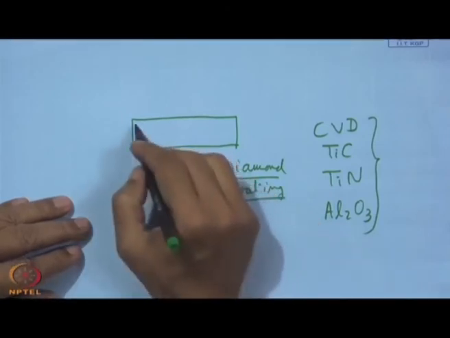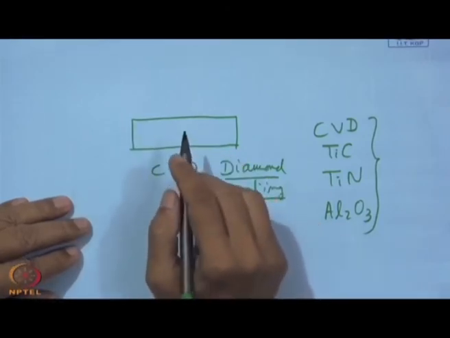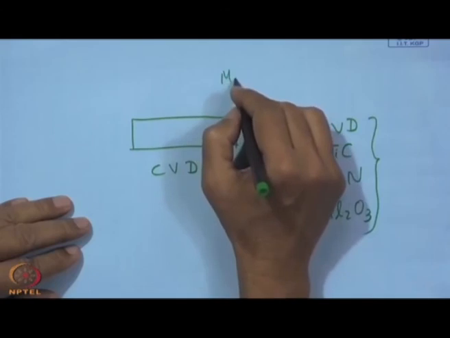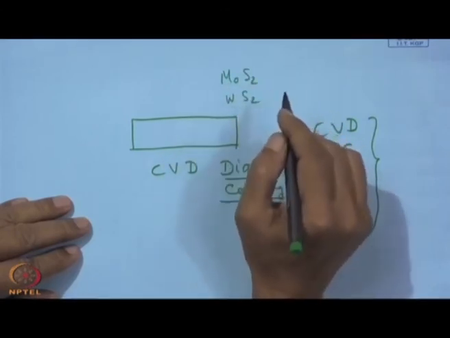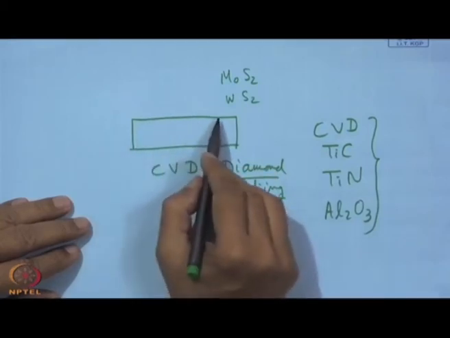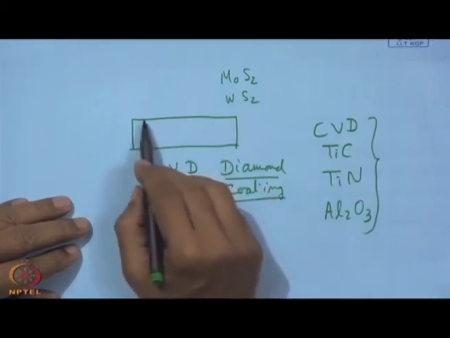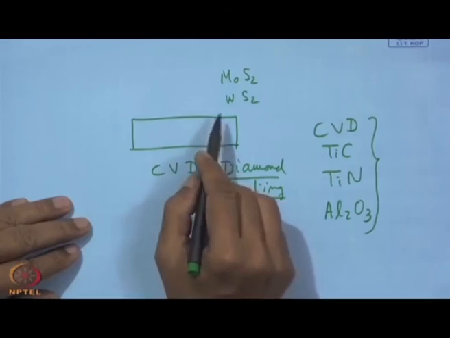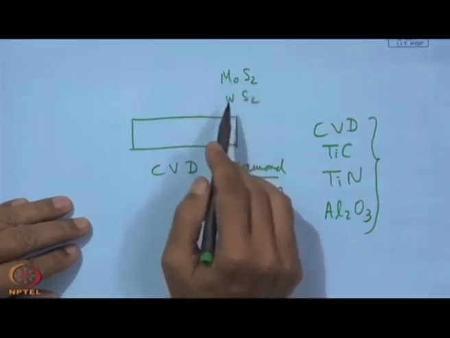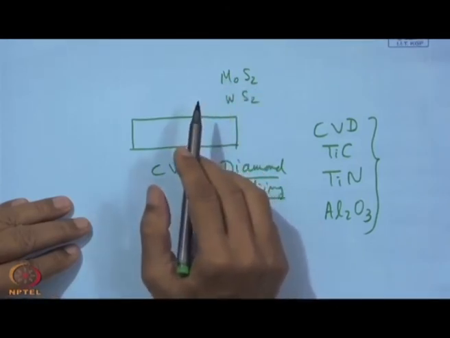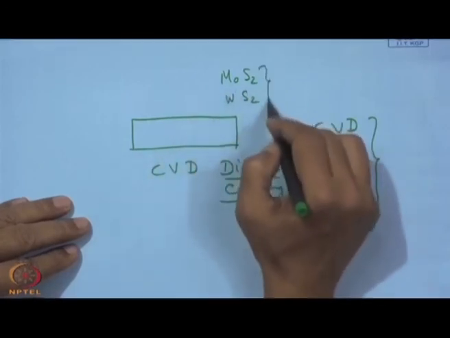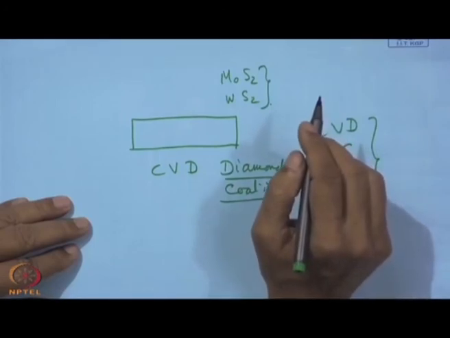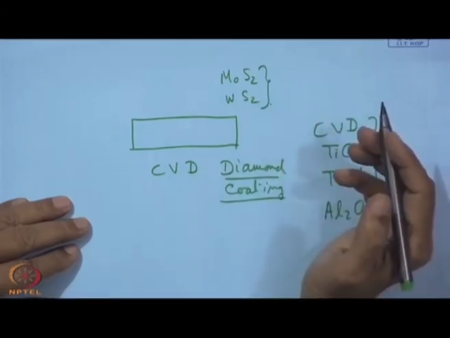So, what is the current attempt? Over this diamond coating, a coating of MoS2 or WS2 can be deposited, and that can fill the cavities, the valleys, giving a smooth surface. So, that coating can be inert towards materials like aluminum, and at the same time it gets a very hard support because it is diamond.